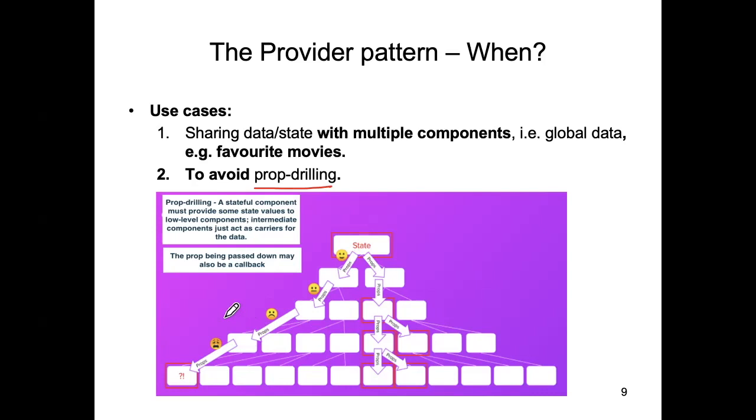So prop drilling and shared data used by a number of components are two sides of the same coin, if you like. Is there a better way of achieving this sharing of data? The answer is yes, if we implement the provider pattern using the React context construct.